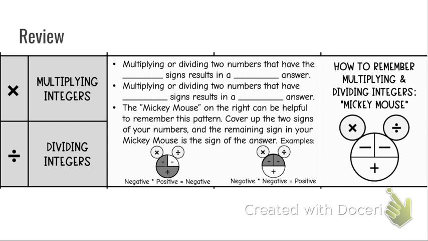So multiplying or dividing two numbers that have the same signs results in a positive answer. And multiplying or dividing two numbers that have different signs results in a negative answer.